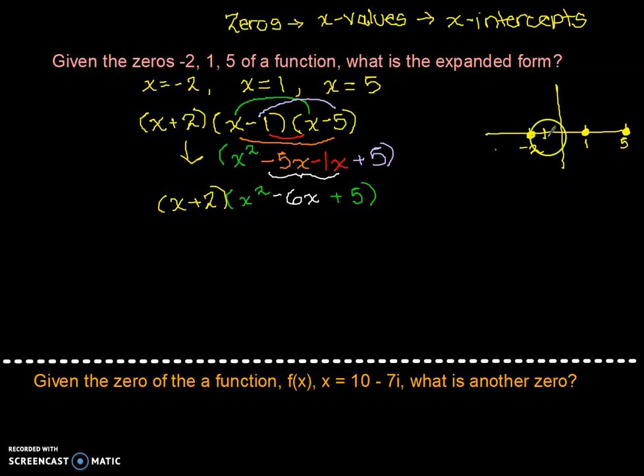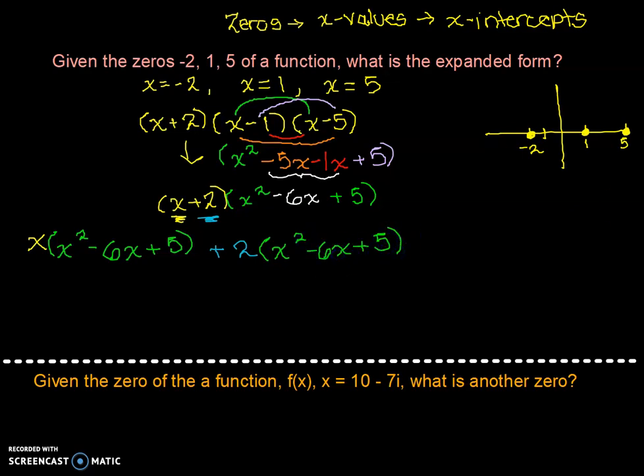So following up on the distributive method, that means I'm going to take x and multiply it by everything in the second parentheses. Then I'm going to take the plus 2 and also multiply it by everything in the second parentheses.